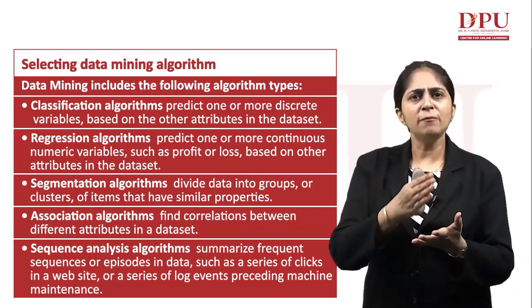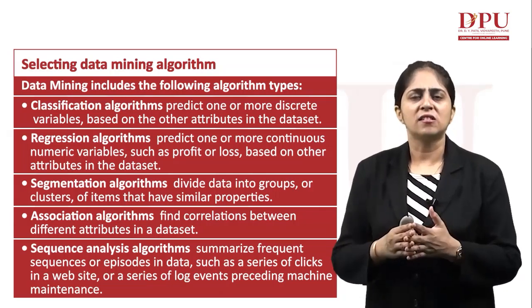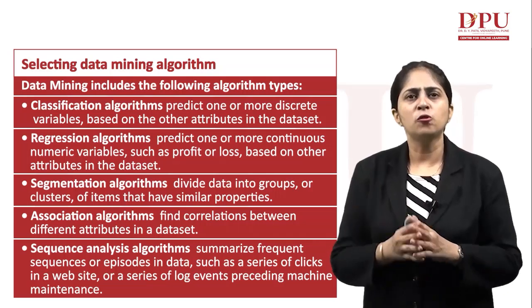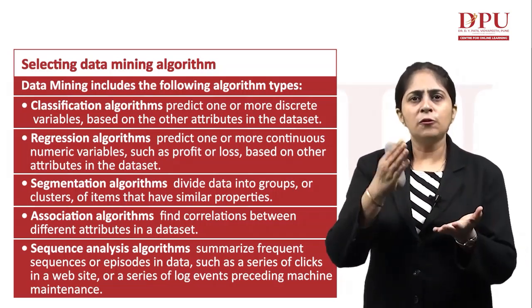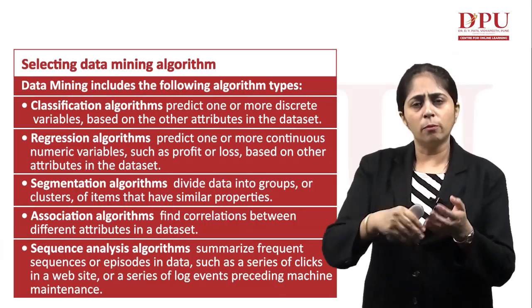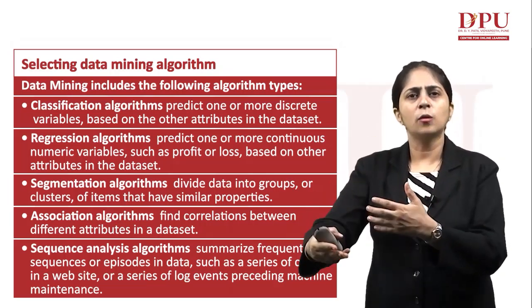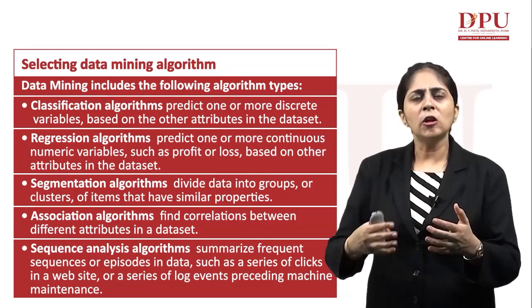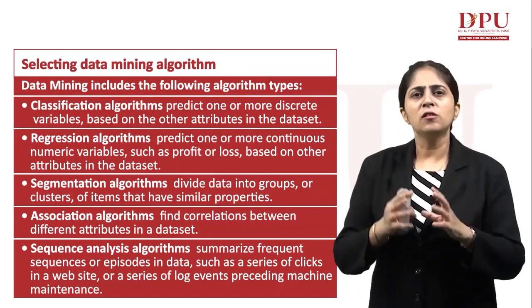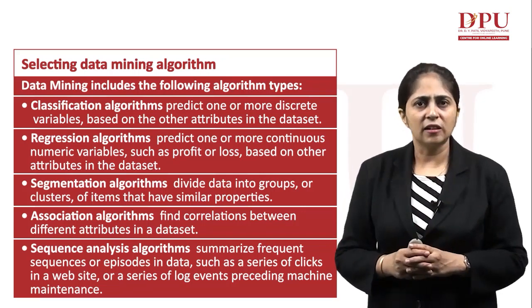That means some events which occur in series. Like if you click on one link on a website, then you click on another link, then another one. In sequence, all the activities you are doing. In that case, we can use the sequence analysis algorithm.